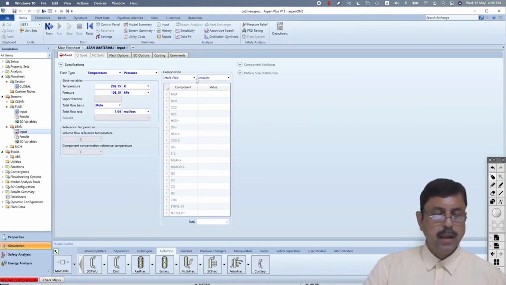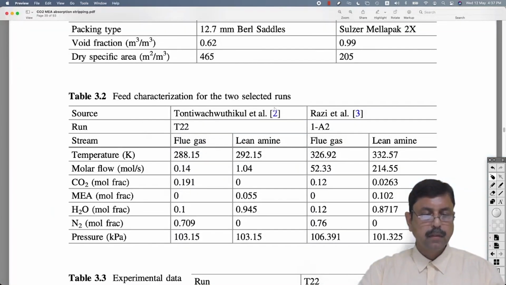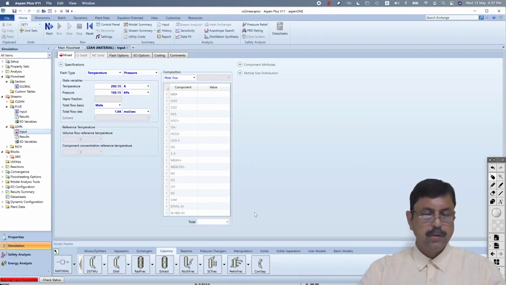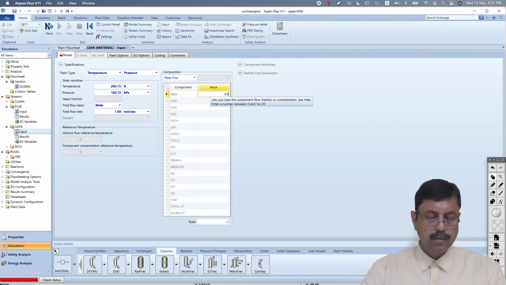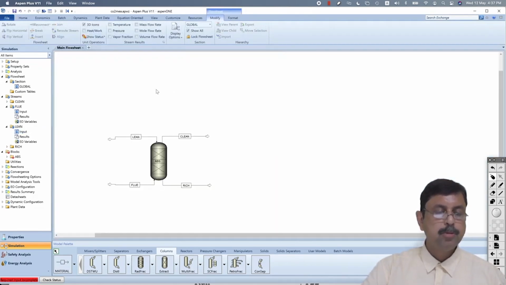Okay. And composition, it is 5.5% MEA and 94.5% water. So this is MEA and this is water. So lean amine also has been specified.